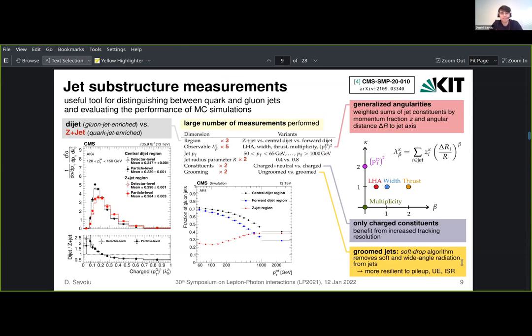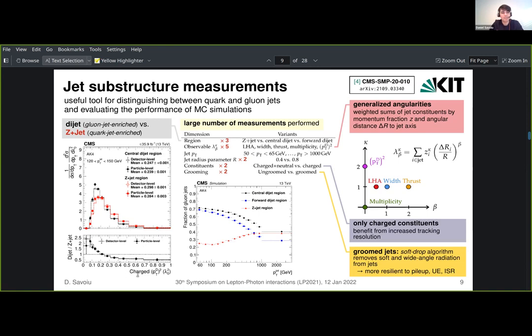Now, the final aspect I want to present to you is this very interesting measurement of jet substructure, which I think is a very good input to these types of studies. Jet substructure is a nice tool, in this case particularly for distinguishing between the various types of jet flavors. This is just one example of a substructure variable, which I'll get to in a moment.